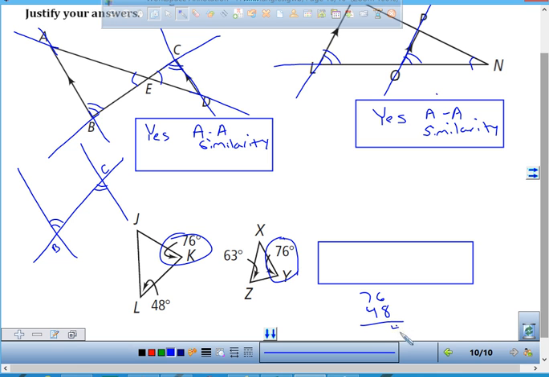Add those, we get 124. 180 minus 124. Does it give us 63? No. So we don't have two pairs. Only one pair of congruent angles.